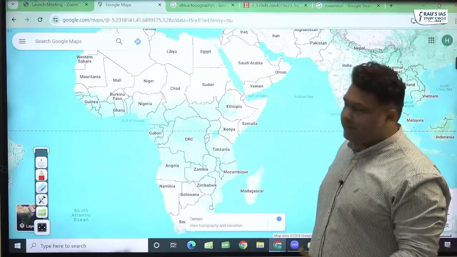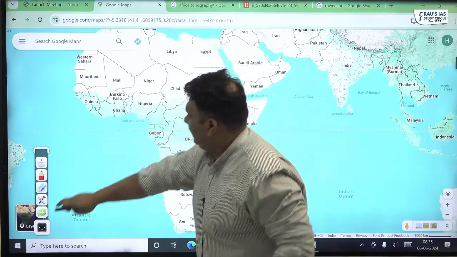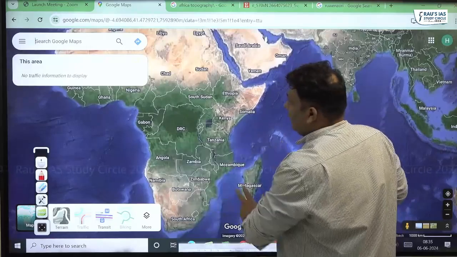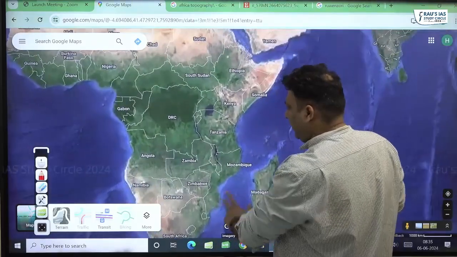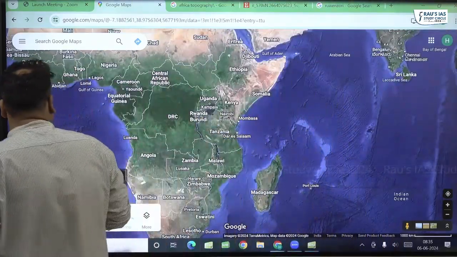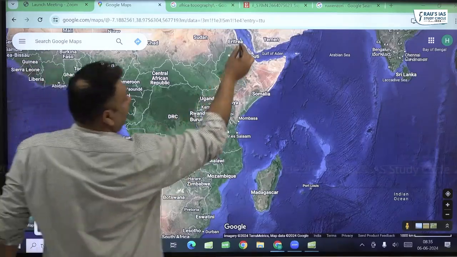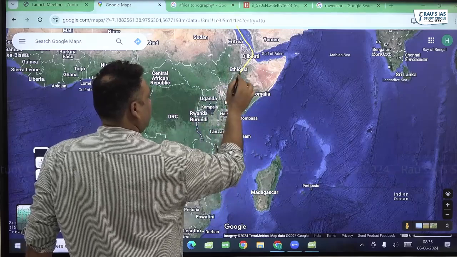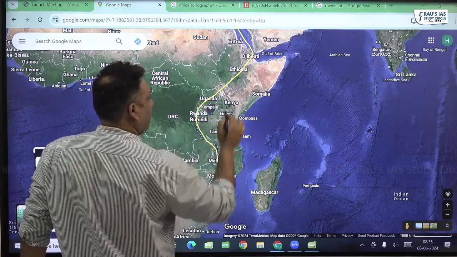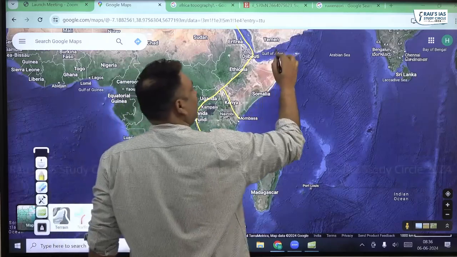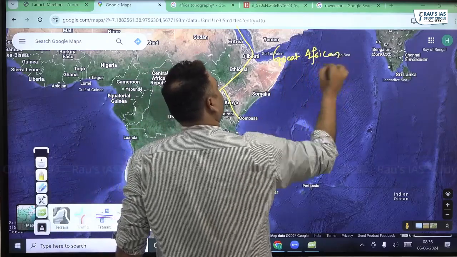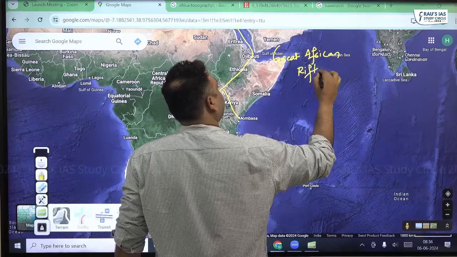So next important feature over here is the Great African Rifting. Earlier in the notes you have written, but again I'm telling you. So this is the Great African Rifting. The entire thing is called the Great African Rifting.